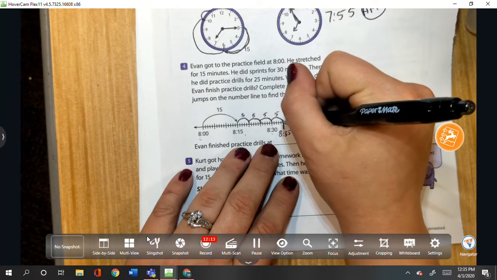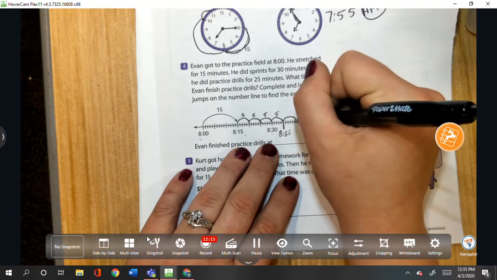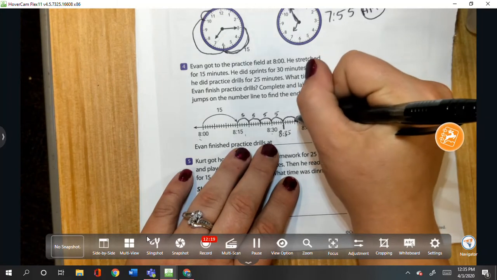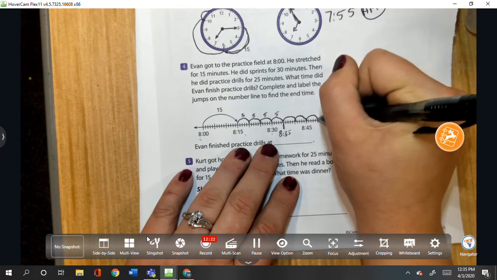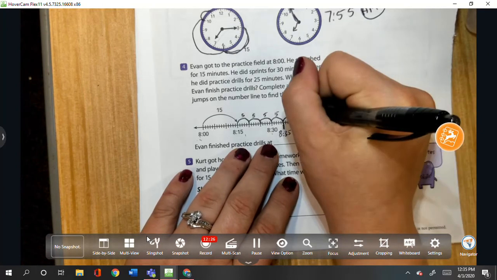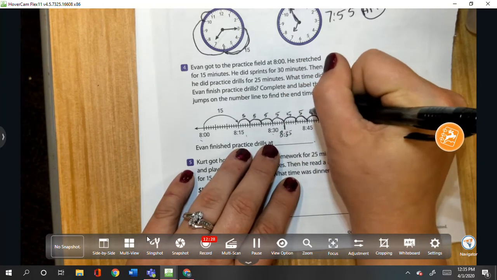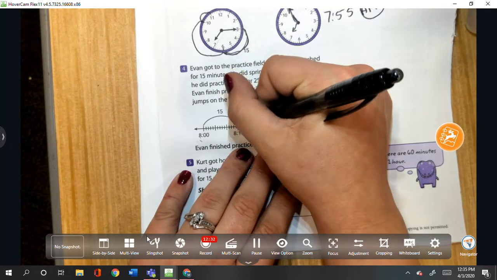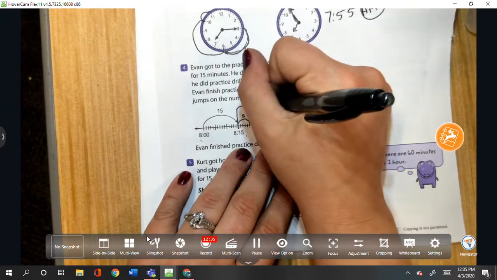Remember, these are 5-minute intervals. 5, 10, we're going all the way up to 25. 5, 10, 15, 20, 25. I usually like to just kind of keep them. This was sprints.